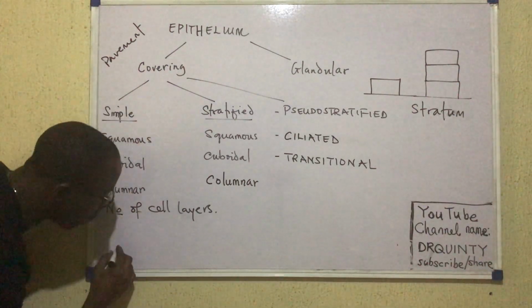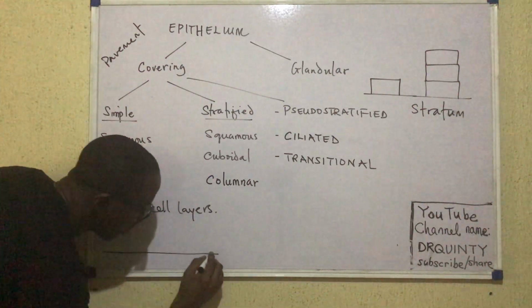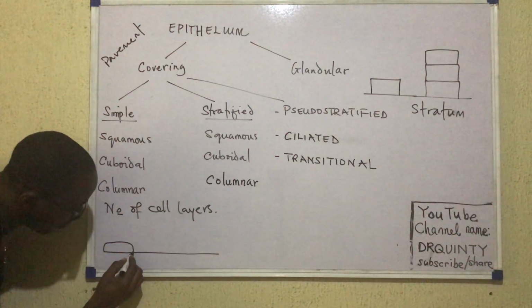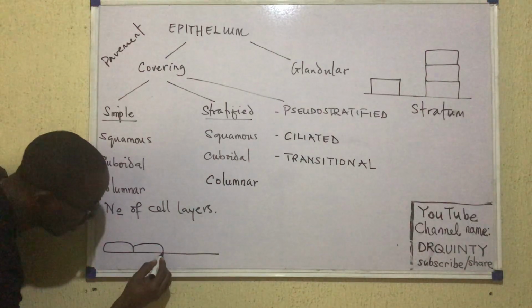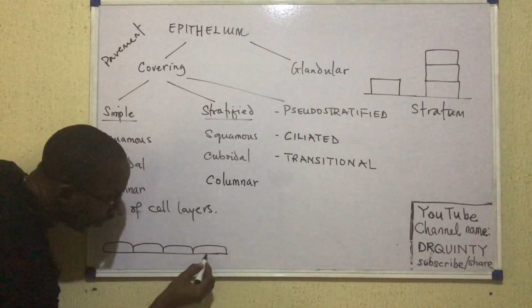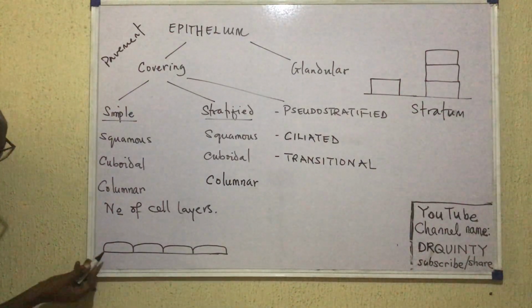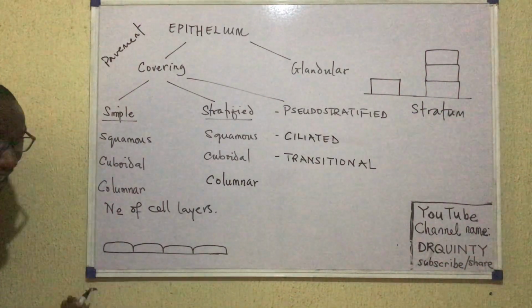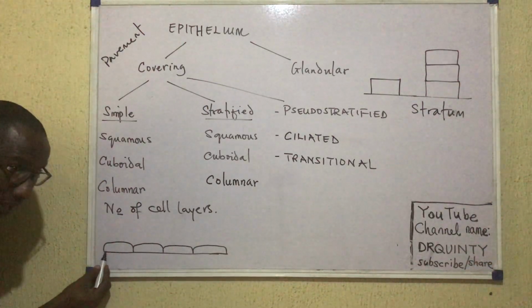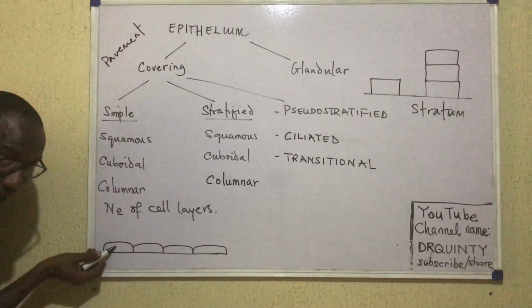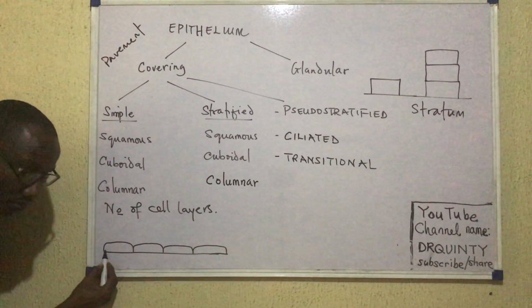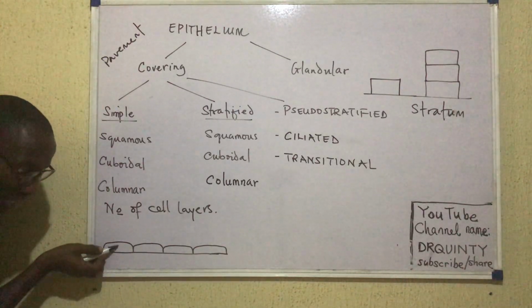So when you see squamous epithelium, this is the basement membrane, you'll find the cells to be this way. They are very flat. They are flat cells. They are not risen at all. They don't come up from the basement membrane. So they are flat cells like this. In other words, the cells are longer than they are high, or their length or width is greater than their height.